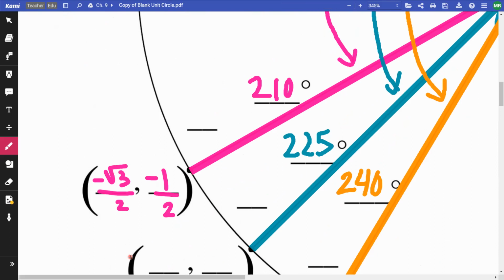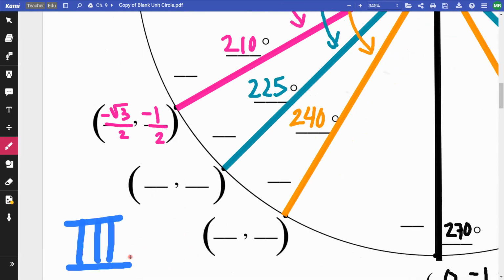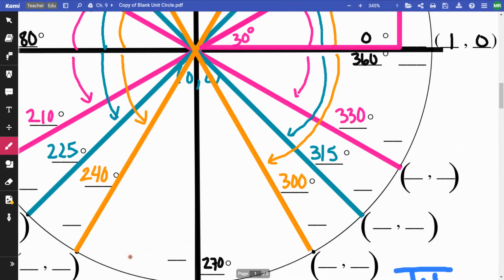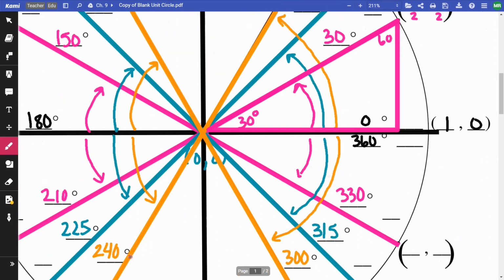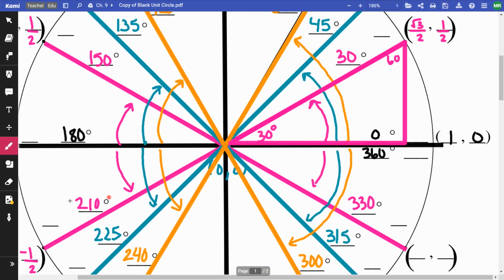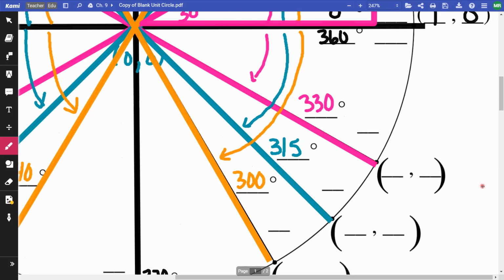Which means on the other side, over here, this is going to be a positive √3/2. And when I go down, it's going to be a negative 1/2. So this is going to be a positive √3/2 and a negative 1/2.